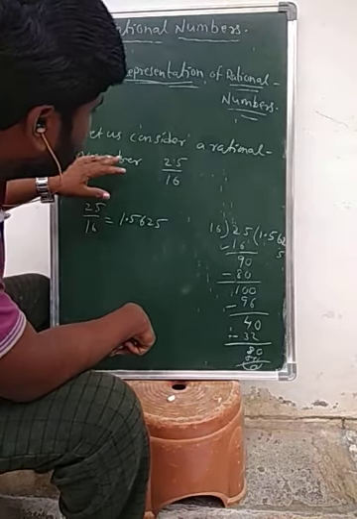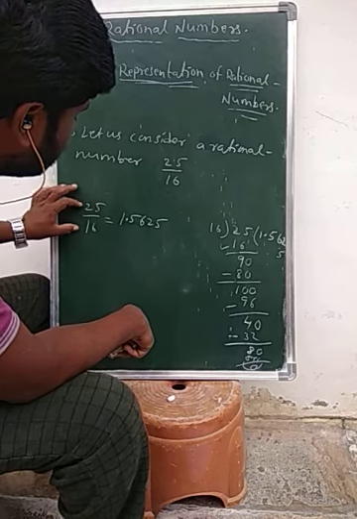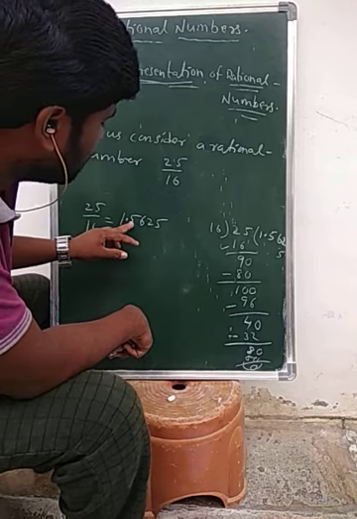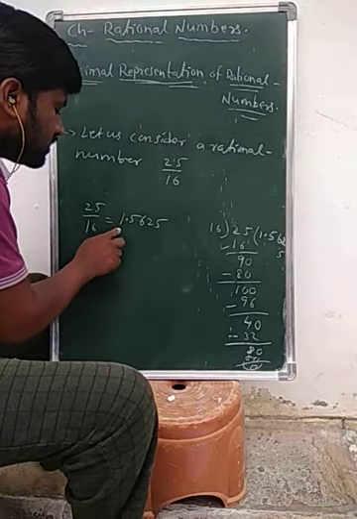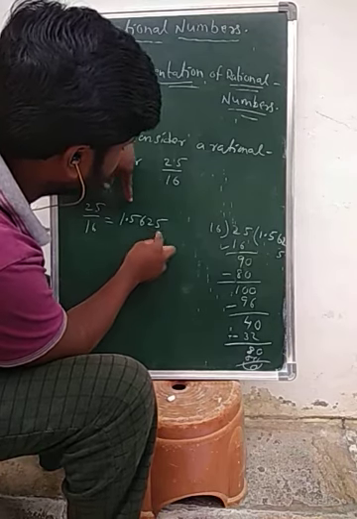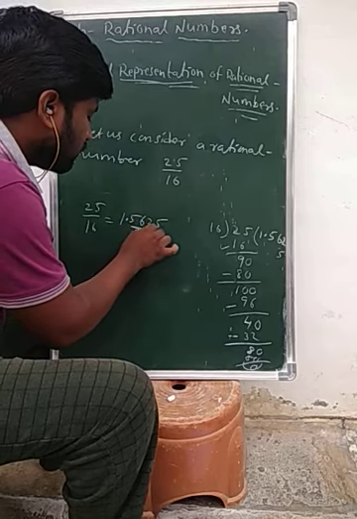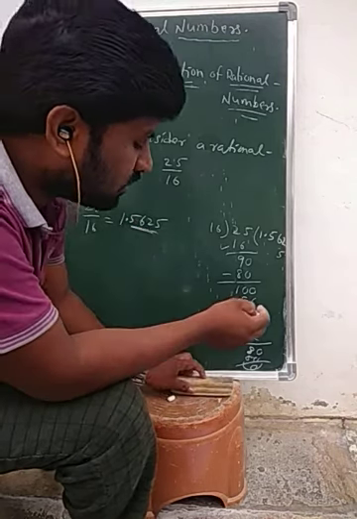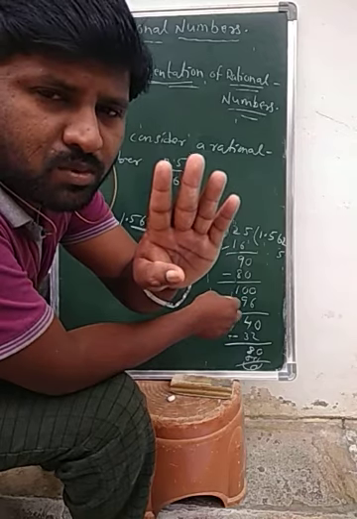The decimal form of 25 by 16 is 1.5625. Clearly, this 1 is the whole number part and this is the decimal part. In the decimal part there are a finite number of decimals. How many decimal places are there?